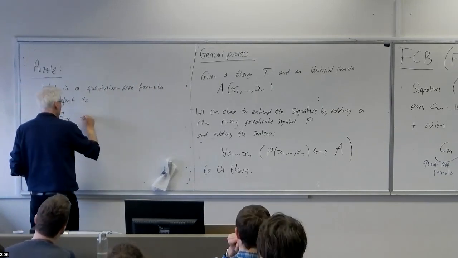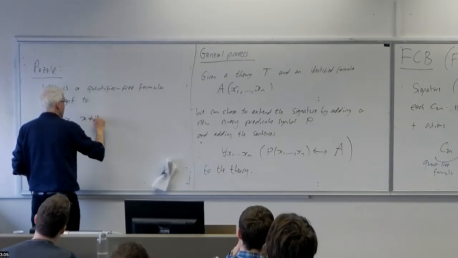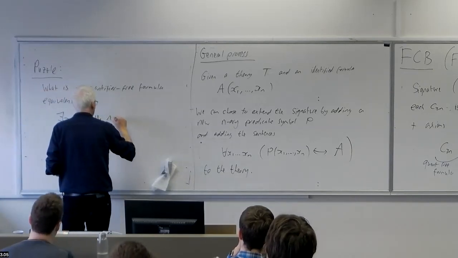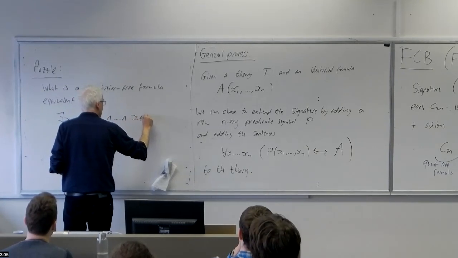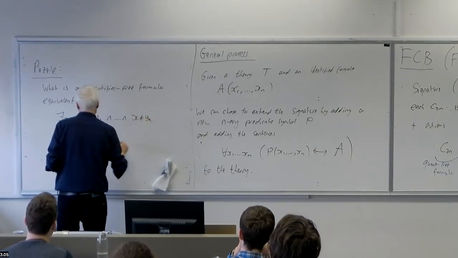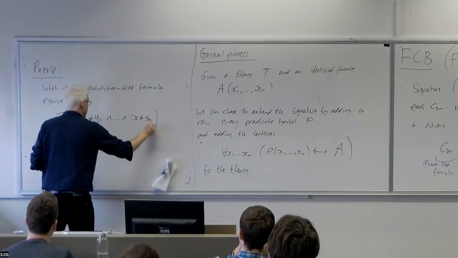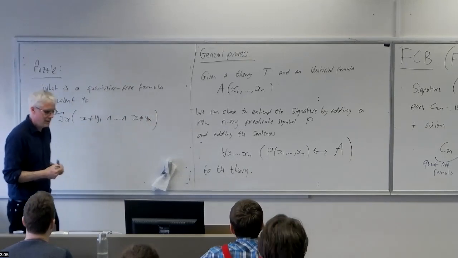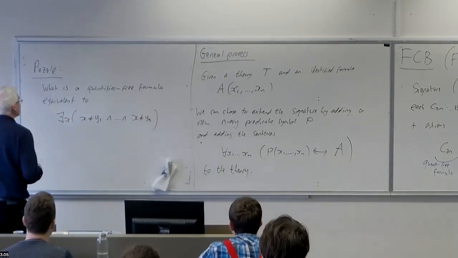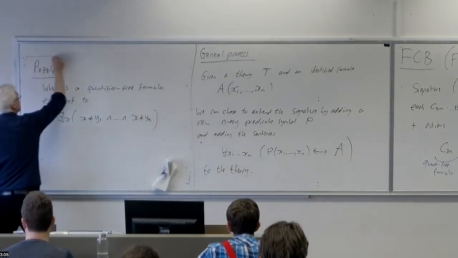And in fact, we can reduce it further to ones of a very specific kind. So it's a conjunction of statements that x is different from k different variables, okay? You need to find a quantifier-free formula that expresses that conjunction.